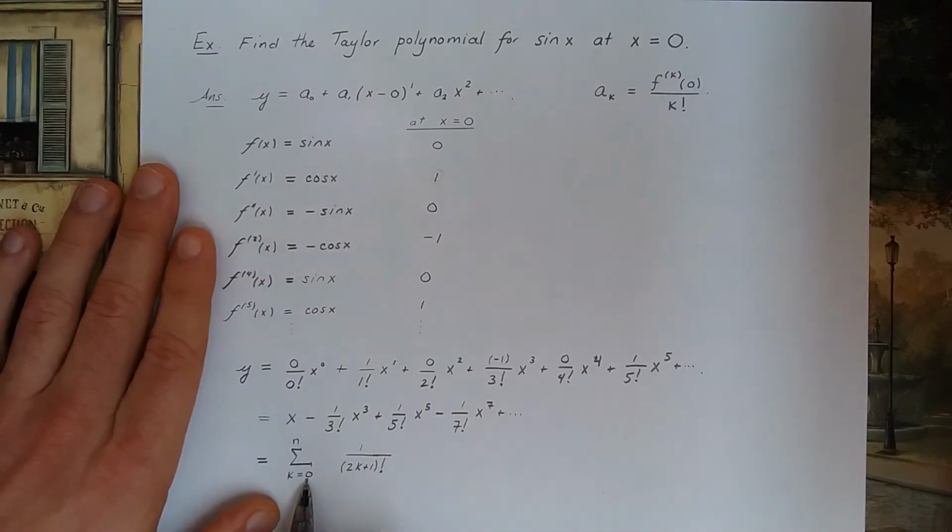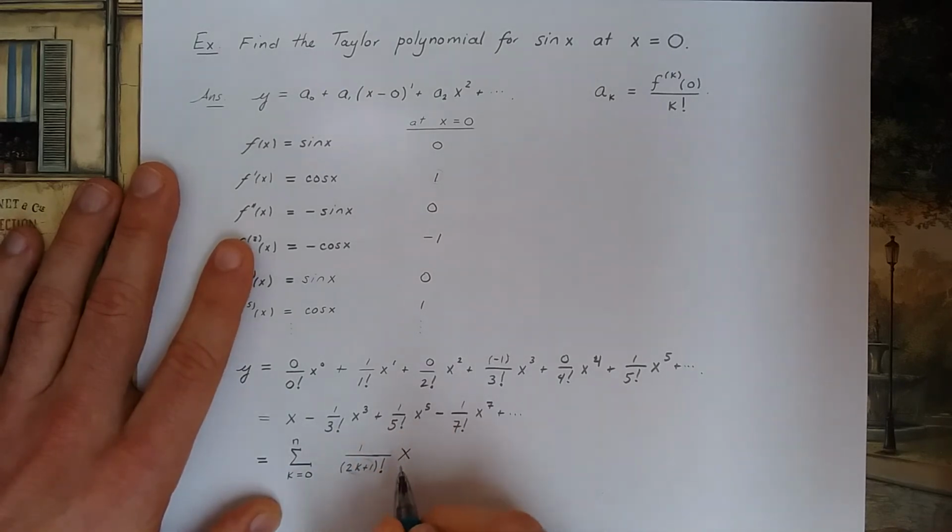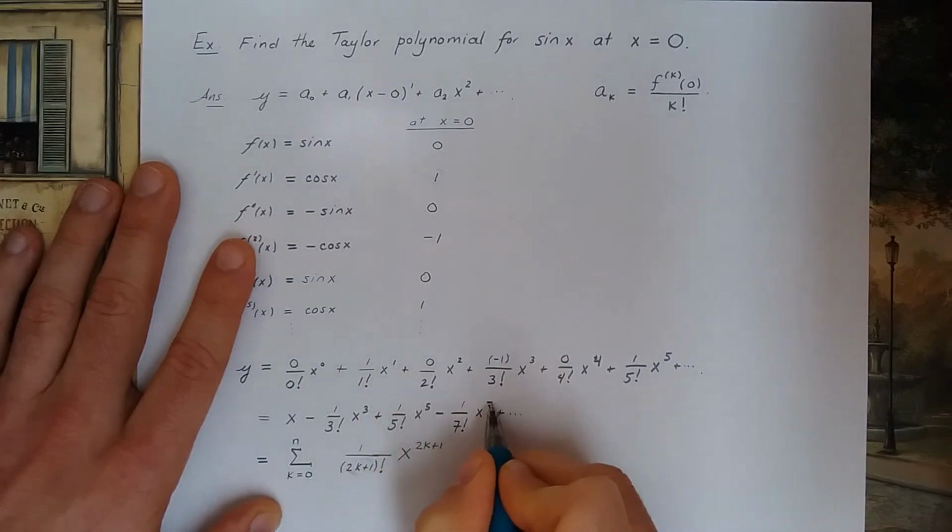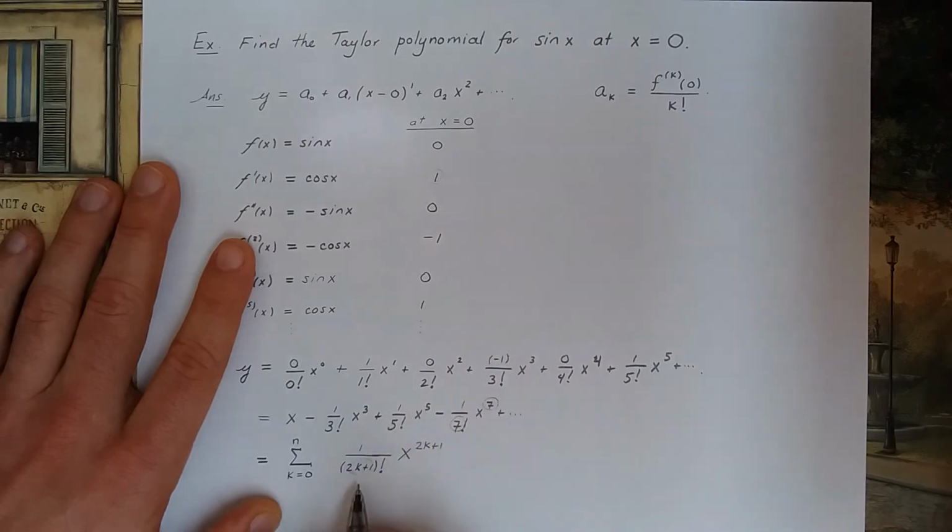So if I take k equals 0, I get 1 factorial. If I take k equals 1, I get 3 factorial. If I take k equals 2, I get 5 factorial. So I'm getting only the odd terms you see here. The power of x that goes along with this term is x to the 2k plus 1. I see like 7 here is the same as the 7 here, so those match.